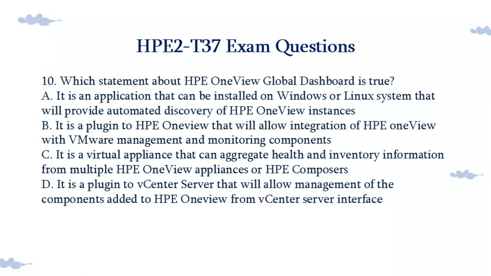C. It is a virtual appliance that can aggregate health and inventory information from multiple HPE OneView appliances or HPE Composers. D. It is a plugin to vCenter Server that will allow management of the components added to HPE OneView from vCenter Server interface.